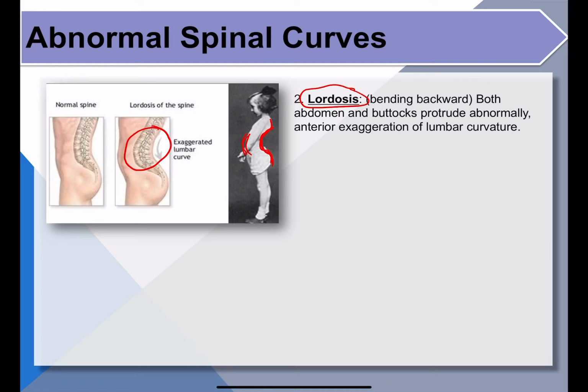An easy way to remember this is it starts with the L, so it has to do with the lumbar vertebrae being overly exaggerated in the curvature, where instead of just doing a slight curve, it protrudes more anteriorly. So lordosis is for abnormal lumbar curvature.